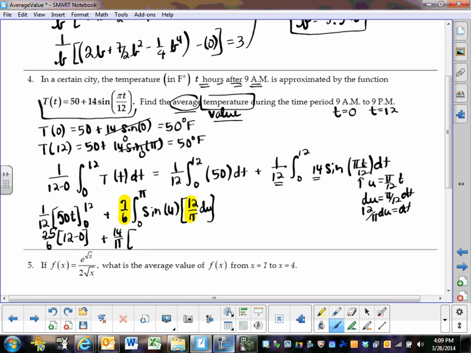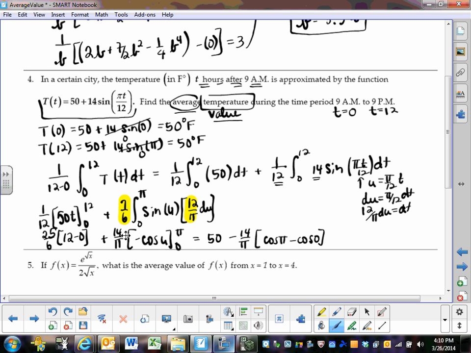And this antiderives as antiderivative sine is negative cosine of u from 0 to pi. So now we have 25 over 6 times 12, which makes 50, which is actually our initial temperature, minus 14 over pi, times cosine of pi minus cosine of 0.